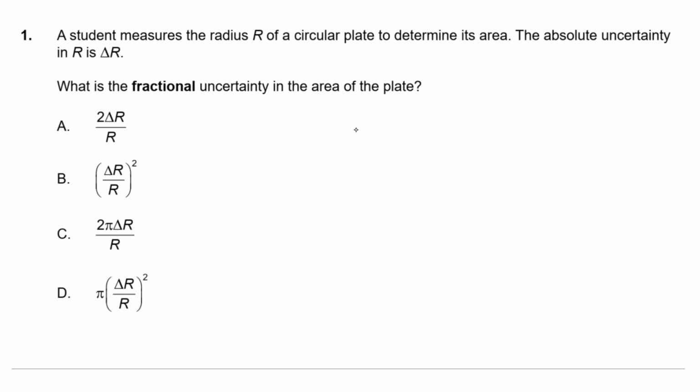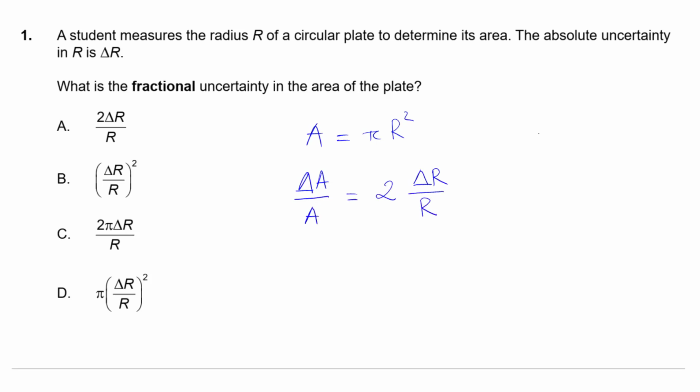The equation for the area of a circular plate is A equal to pi r squared, where r is the radius of the plate. According to the knowledge about fractional uncertainty, the fractional uncertainty delta A over A is determined by 2 times the fractional uncertainty of the radius, delta R over R.